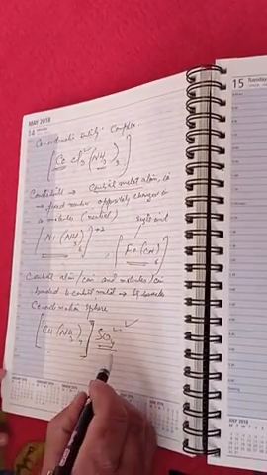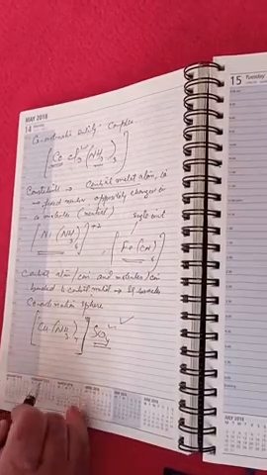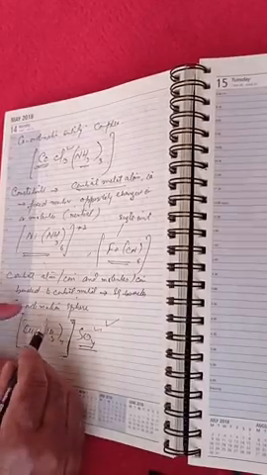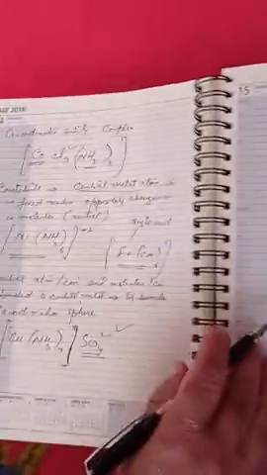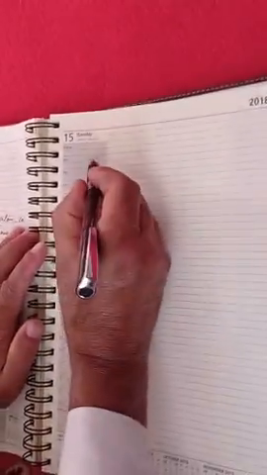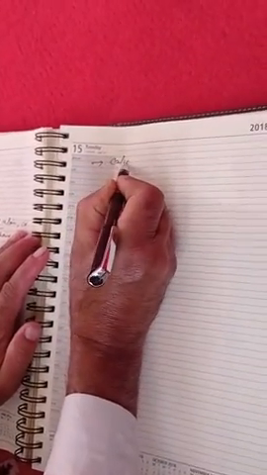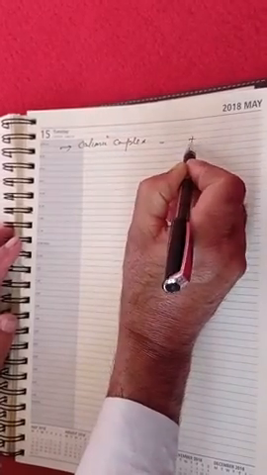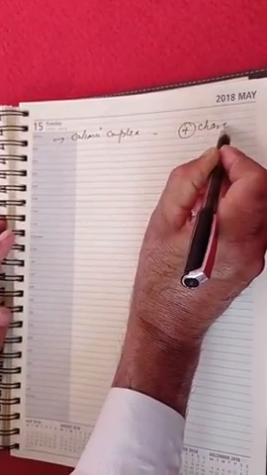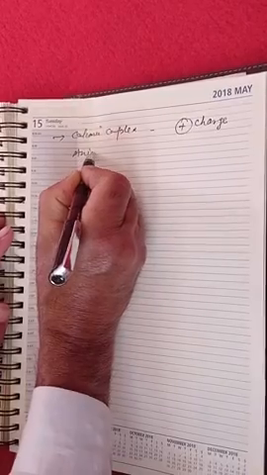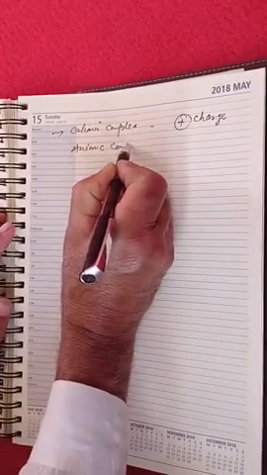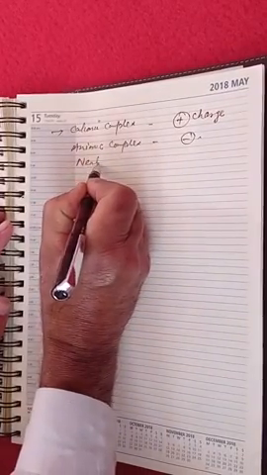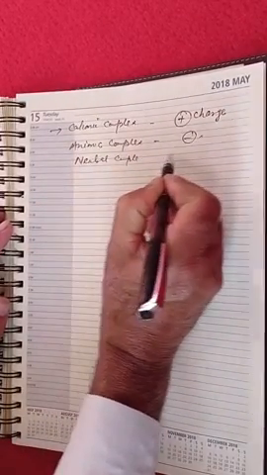Now the coordination sphere is also called a coordination complex. Depending upon the charge on the coordination complex, it will be a cationic complex if the coordination complex contains positive charge, an anionic complex if it contains negative charge, and a neutral complex if it is neutral.